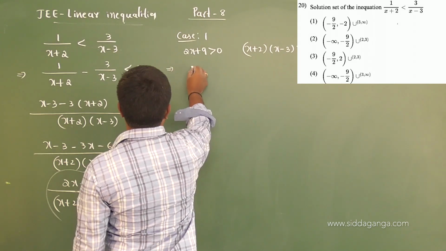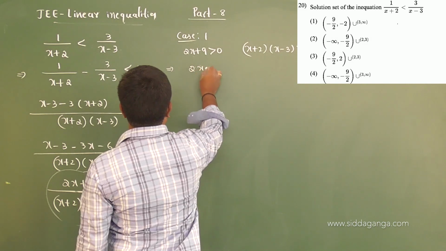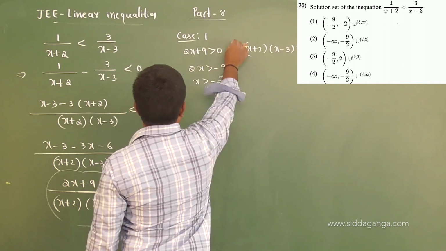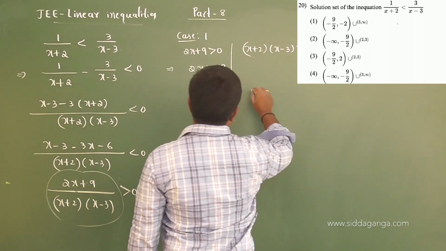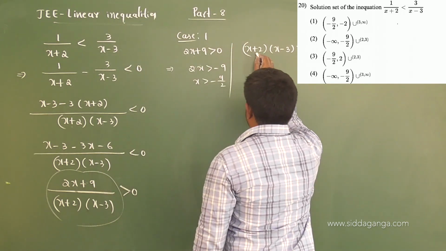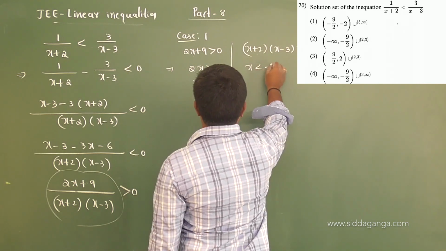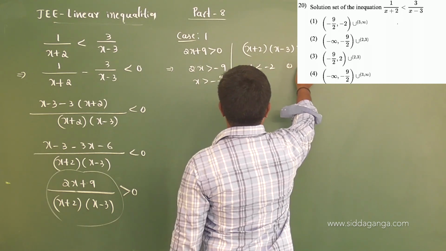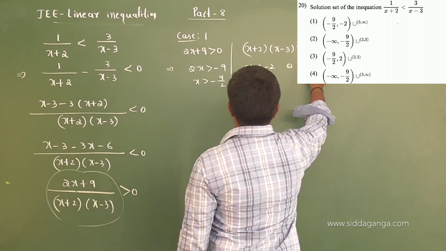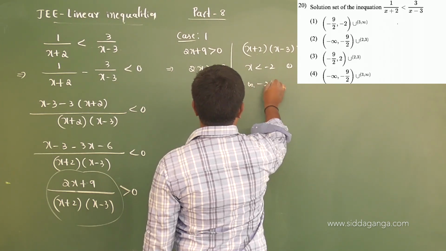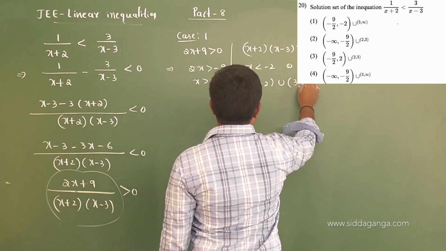Let me solve this. 2x is greater than minus 9, x is greater than minus 9 by 2. Here a is minus 2, b is 3. So, x is less than minus 2 or x is greater than plus 3. So, you get minus infinity to minus 2 union 3 to infinity.